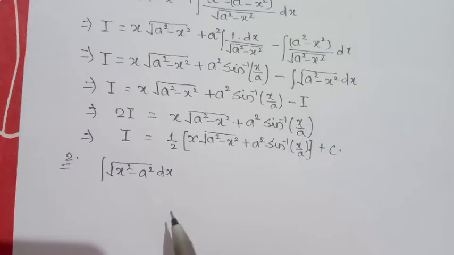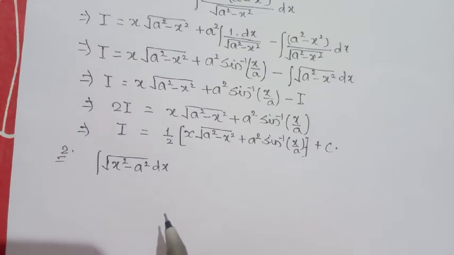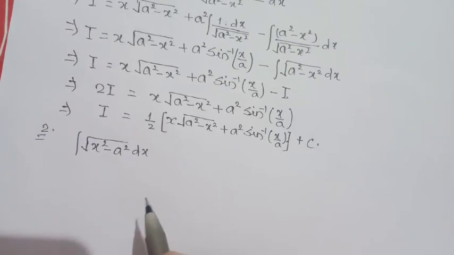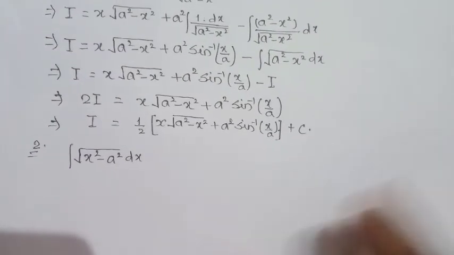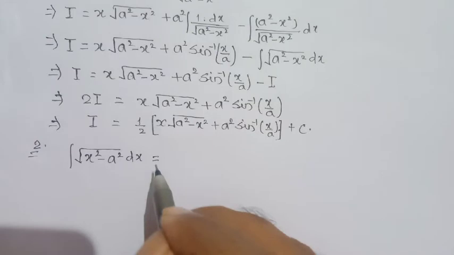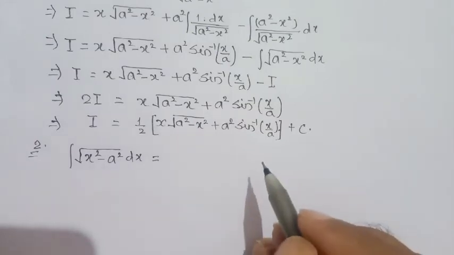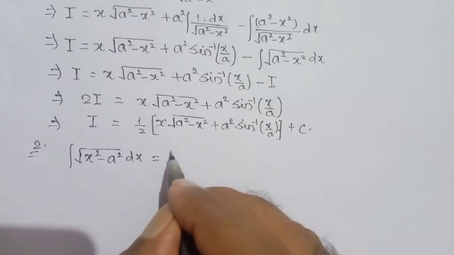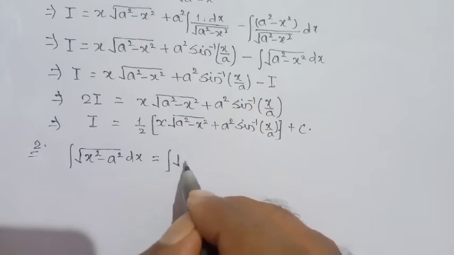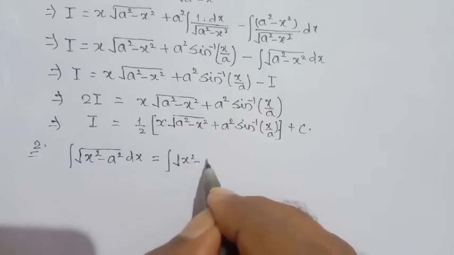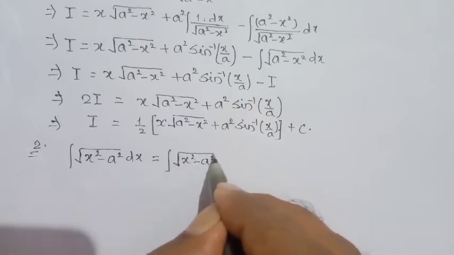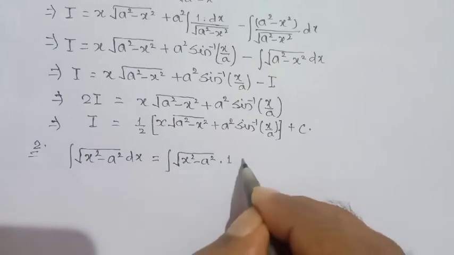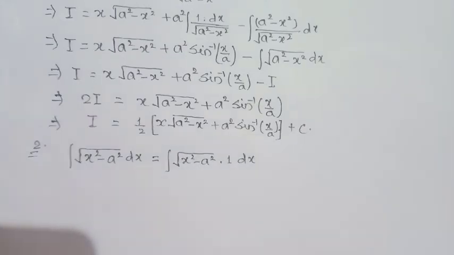Later we will use it as a formula. The same procedure is applicable here like the previous problem. So it should be written as under root x square minus a square into 1 dx.